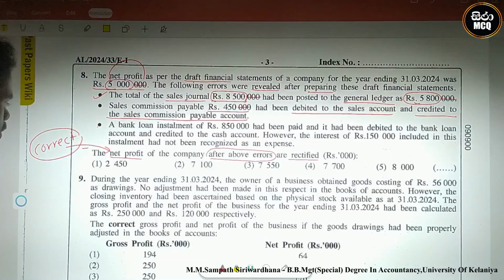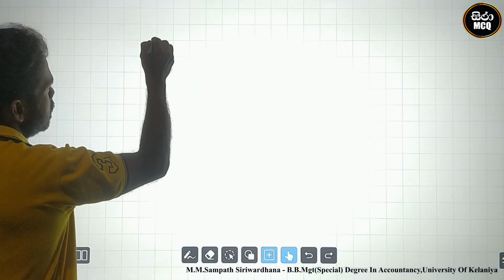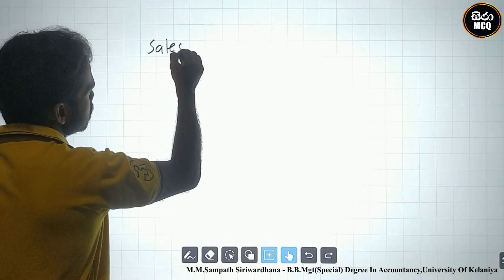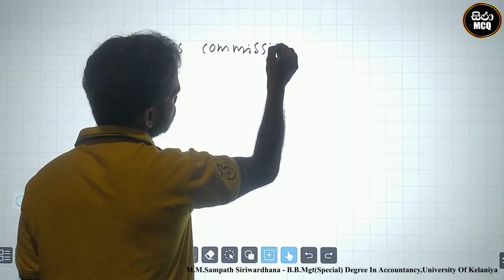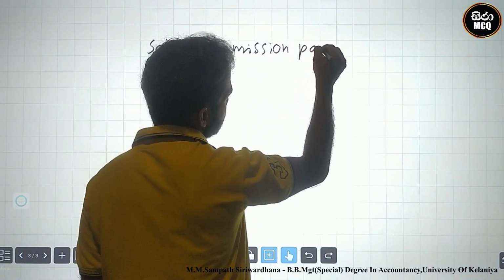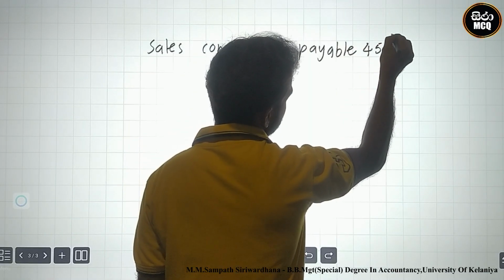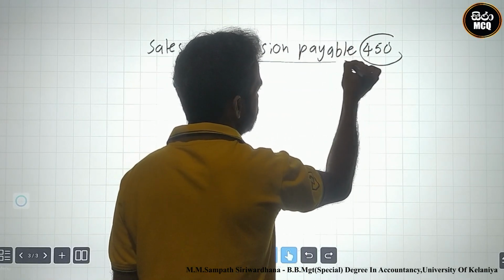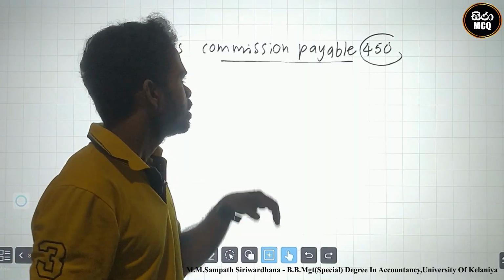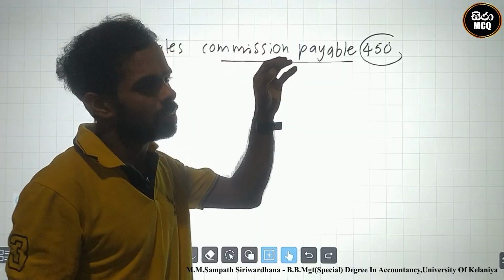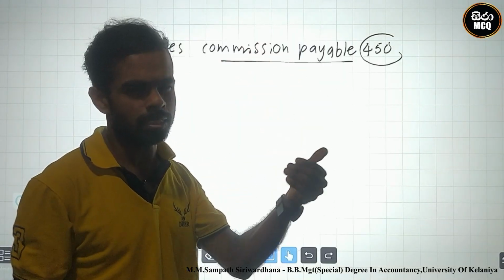Sales commission payable 450. Sales commission payable means the accrued commission; this is the expense related.